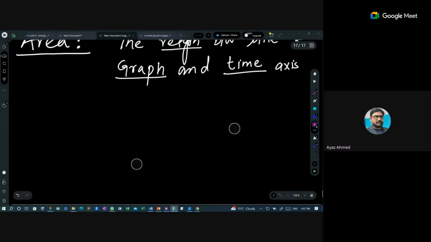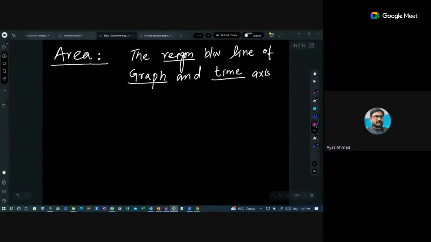So we have two or three types of equations which can be used for the calculation of area. One more thing: the area of only a velocity time graph is calculated. Remember this thing. Not a distance time graph. Area of only a velocity or speed time graph is taken.